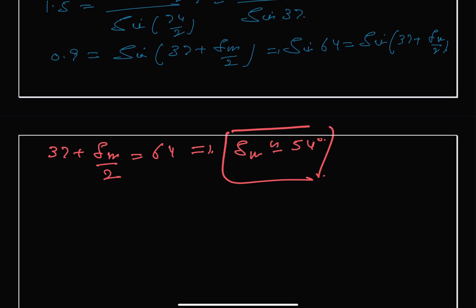This angle is greater than the deviation angle which is given to us, so for a greater mu the deviation will be even higher. Because this is the minimum deviation, delta m is 54 degree.